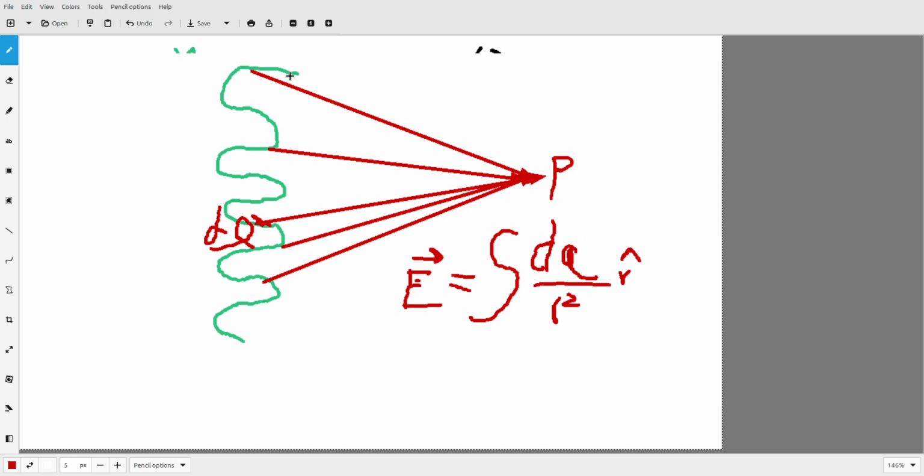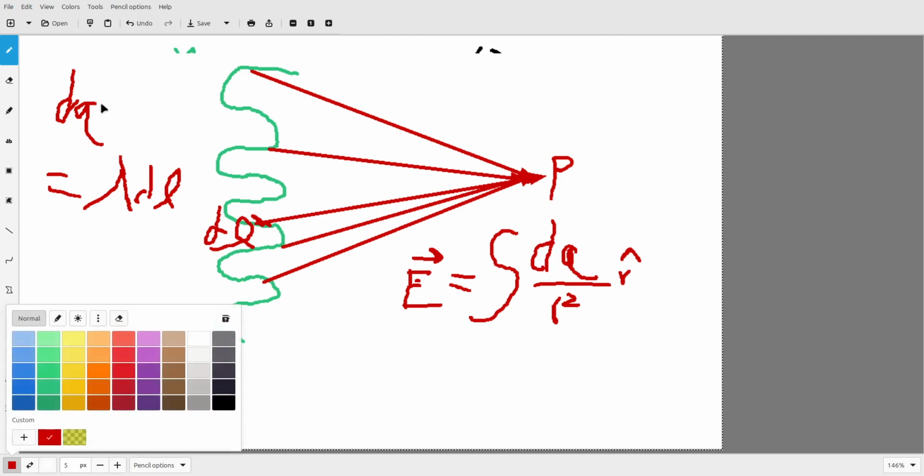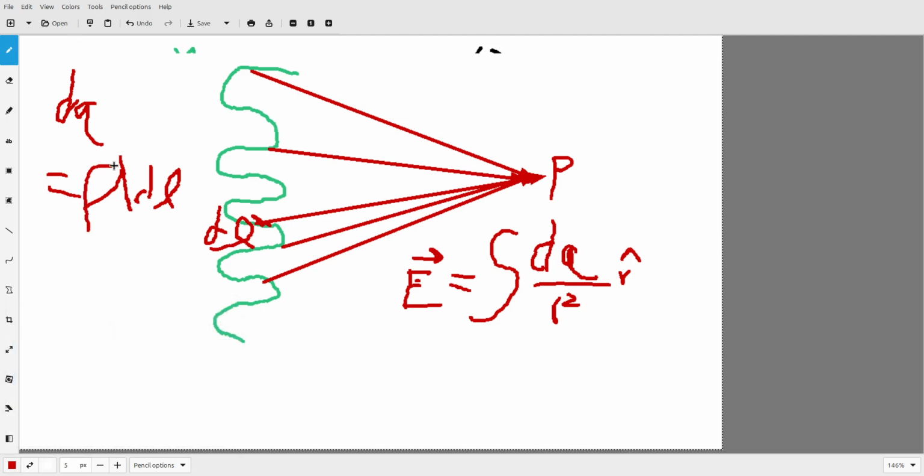And a big mistake students make when setting up these problems, remember the integration is over dq, because we're summing up the charge, we're integrating over the charge. Don't try to turn this into dr. Now, for a line of charge like this, dq is lambda dl, where lambda is the charge density.